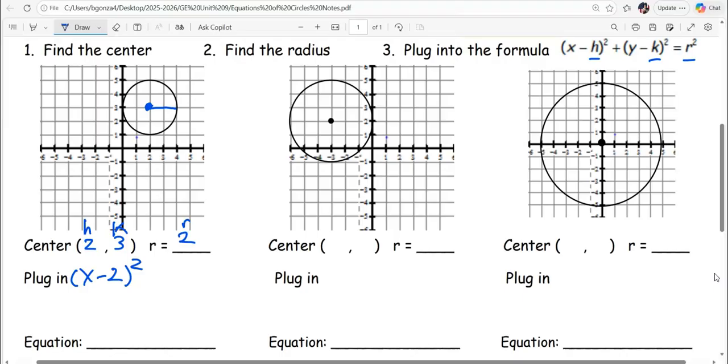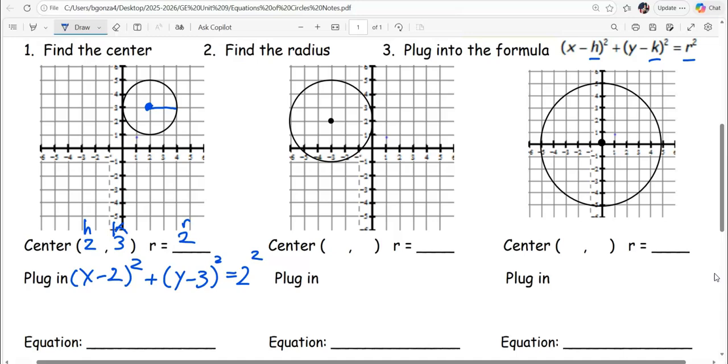And then put a plus sign. And then you start with y, parentheses y. And then what's the y value of the center? The k value is 3. So you always put the minus and then you put the 3. Parentheses squared. And then put an equal sign. Now, the equation says r squared. r is 2, so we're going to put 2 squared. So far, so good. You're just replacing h, k, and r.